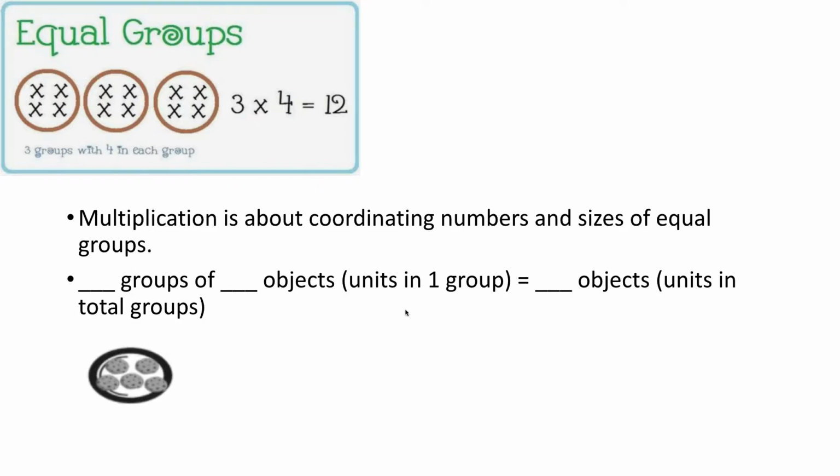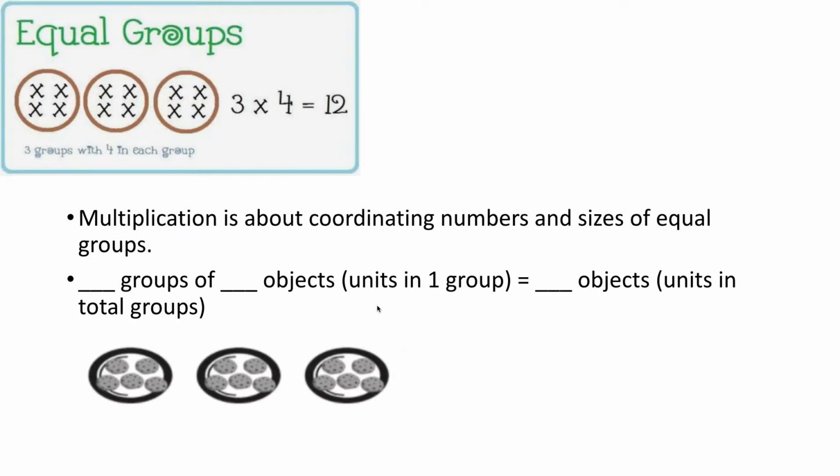Okay. So remember, in this picture, I have cookies. I have 3 plates of cookies, and in each plate I have 5 cookies. How many groups? How many plates? 3 plates of 5 cookies.